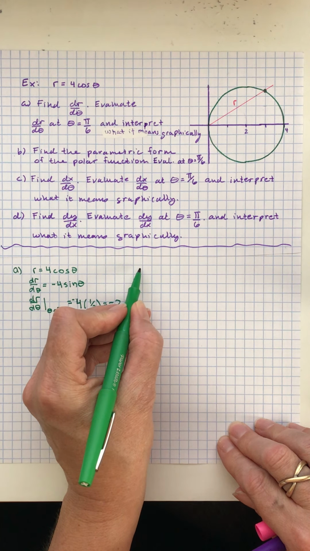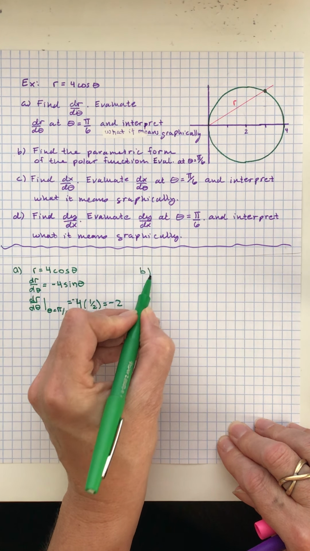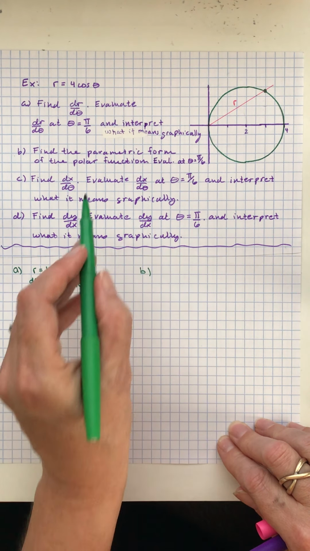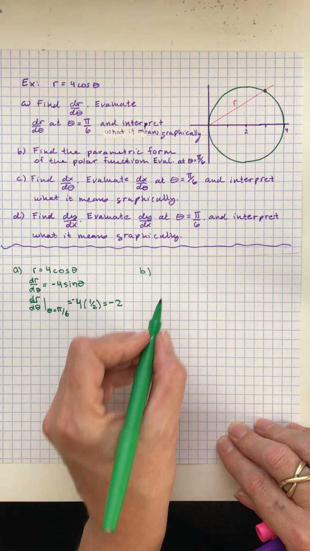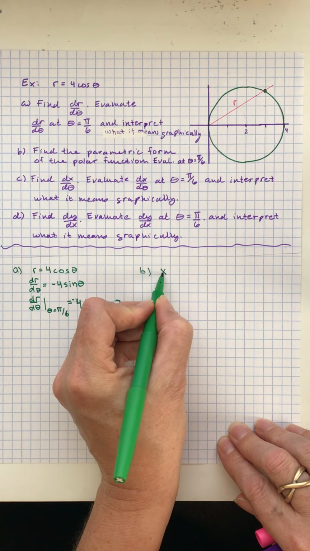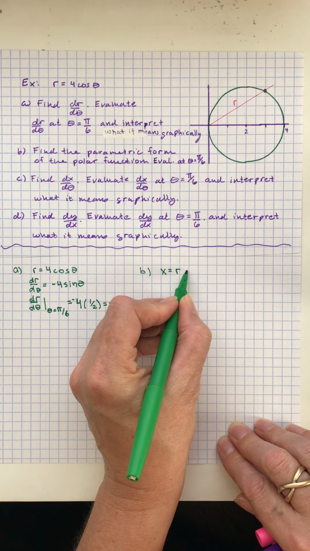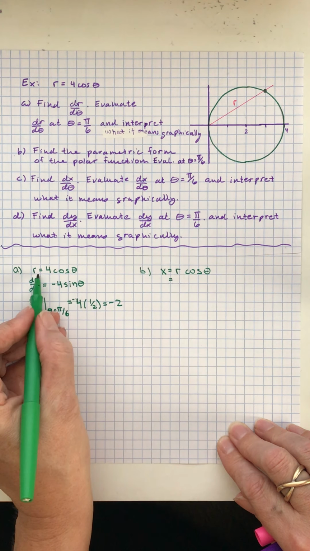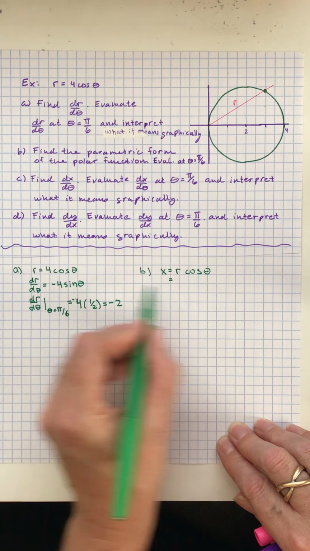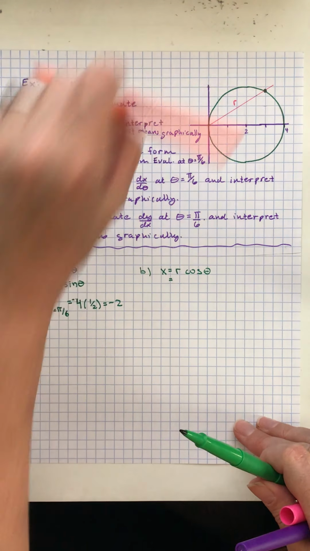Question B is to find the parametric form of the polar function and evaluate it at pi over 6. So the x will be r cosine theta, and you just take the r that was defined, 4 cosine theta, and substitute it into the r value.